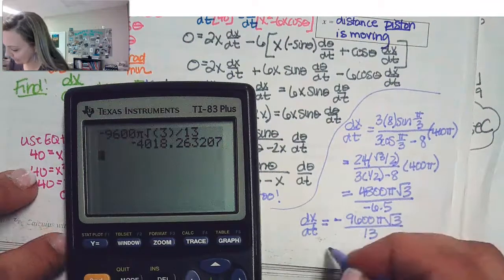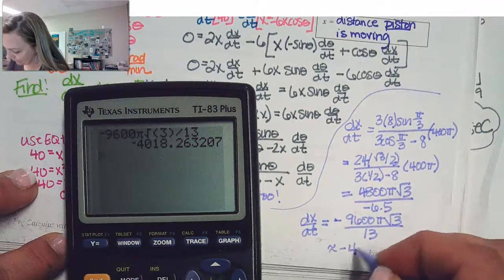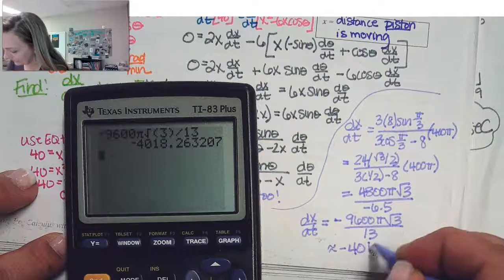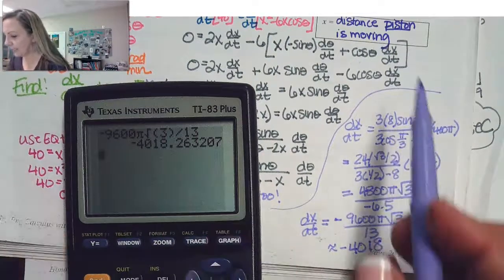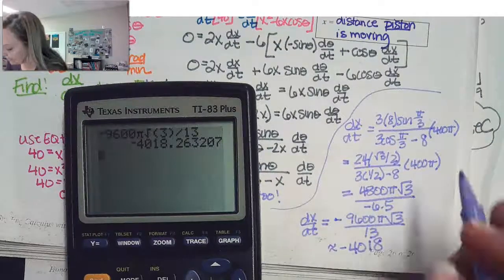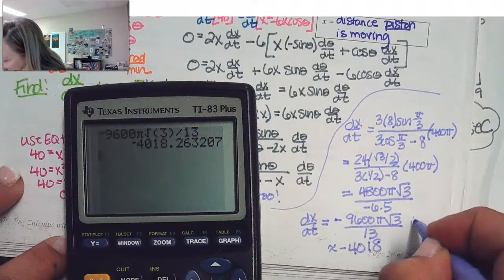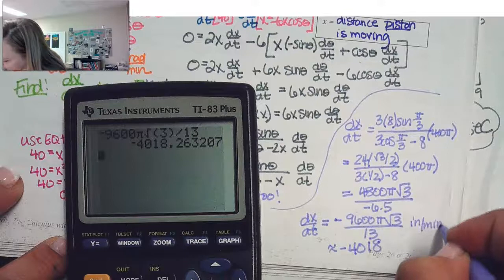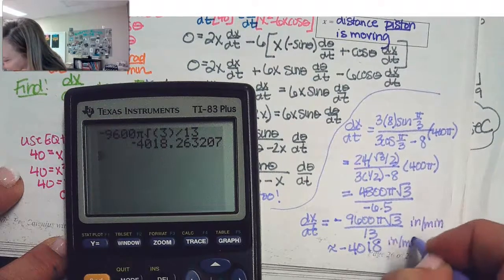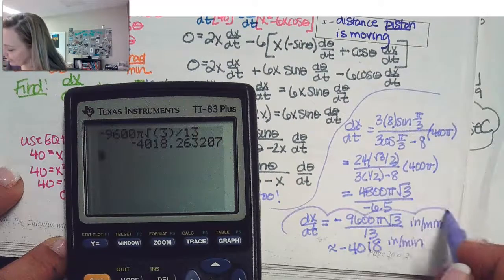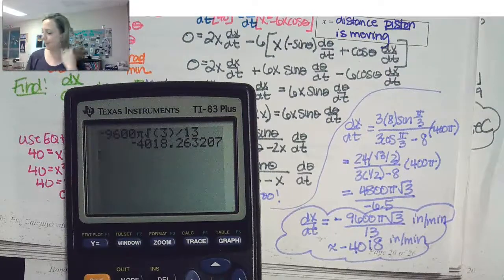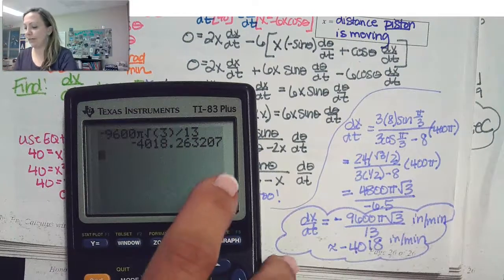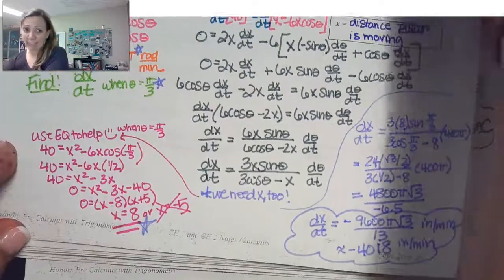And that gives us about negative 4,018. Our units are inches per minute. I'll leave them both, just in case. If it tells you to round to the nearest inch per minute, do that; if it says give an exact answer, that's what we do. All right, so that's a little bit about related rates.